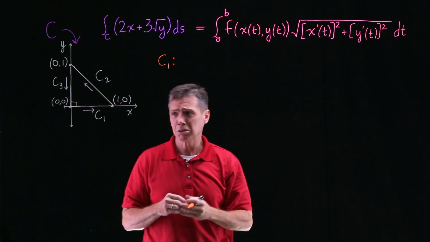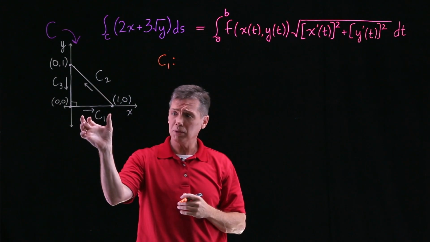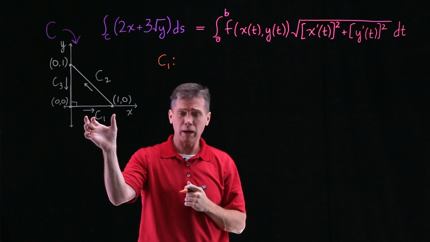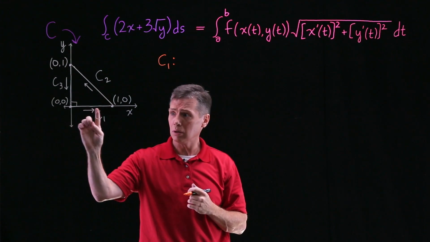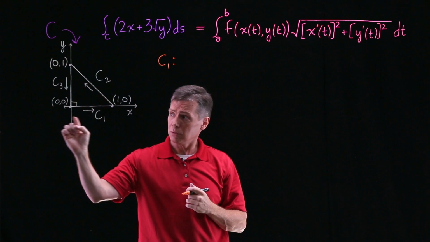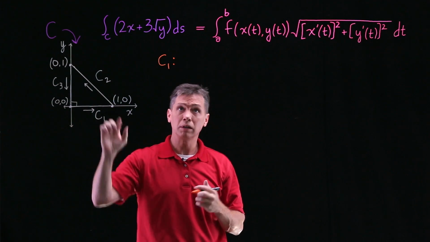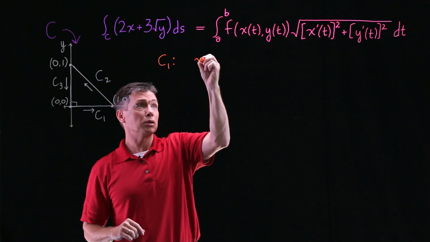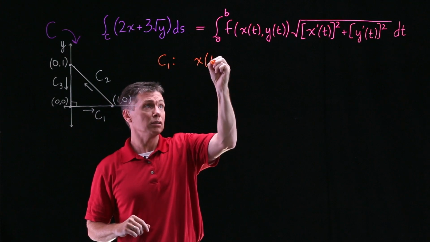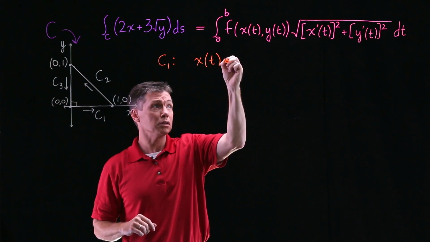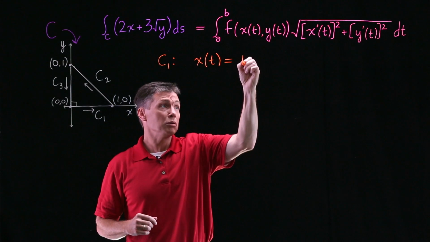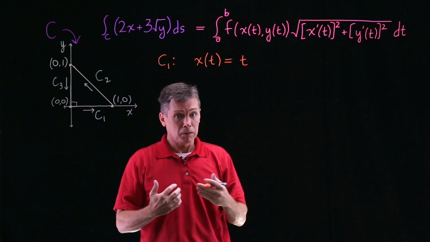When I go to parameterize it, I've got to think about what the x coordinates are doing and what the y coordinates are doing as I travel along this path. My x is going from 0 to 1, so for x of t, all of our parametric functions here dependent on t, I think I would just make x of t equal t.